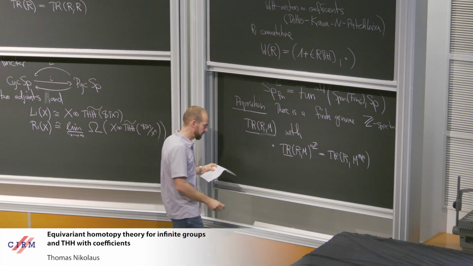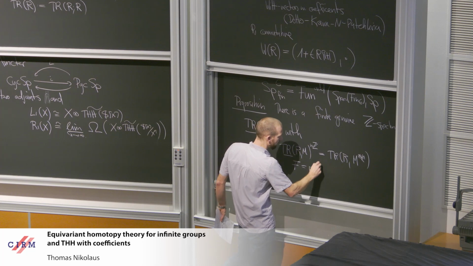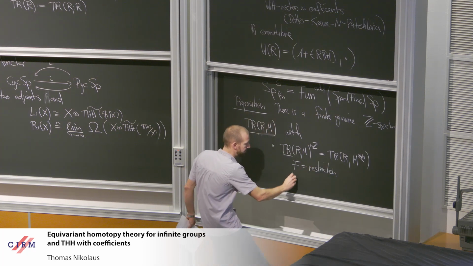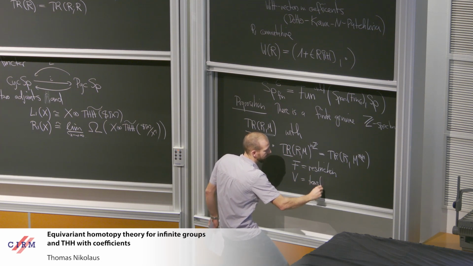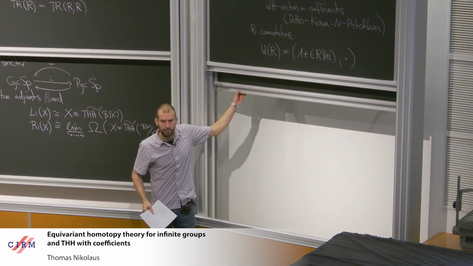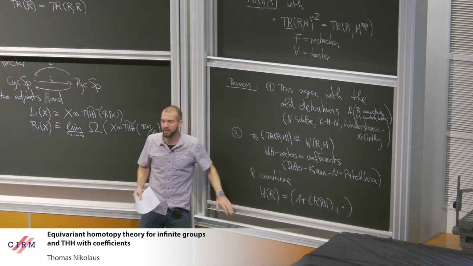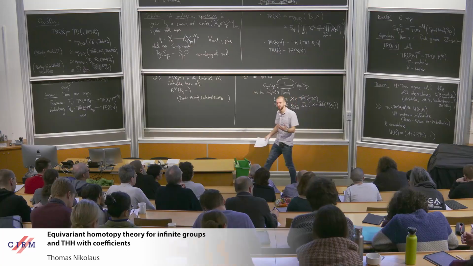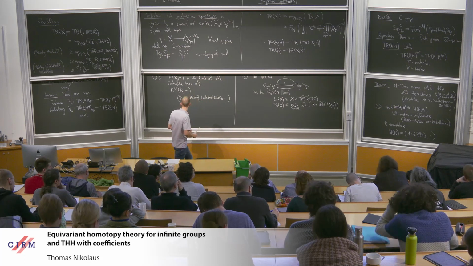Moreover, the F, the map I have over there, corresponds to the so-called restriction, and the V is actually the transfer. In equivariant homotopy theory, for every map of subgroups, you can restrict from a bigger subgroup to a smaller one, and you can transfer the other way around. That's what the structure of a genuine spectrum encodes.